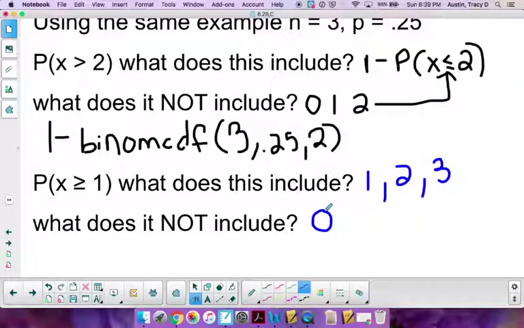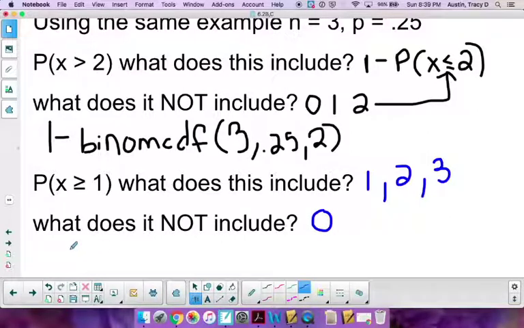So I need to find a way to basically capture 1, 2, and 3 and take off 0. Pretty much you could find the binomial PDF for 0 and subtract it off of 1. That would work because you are only not including the 0.